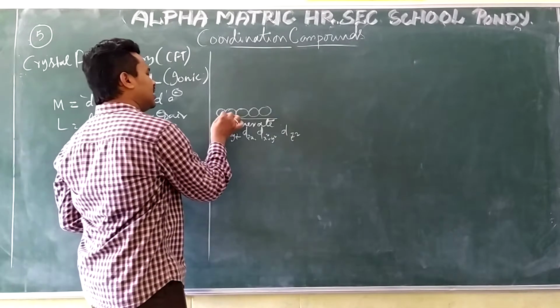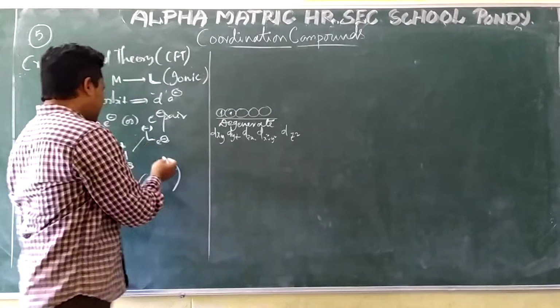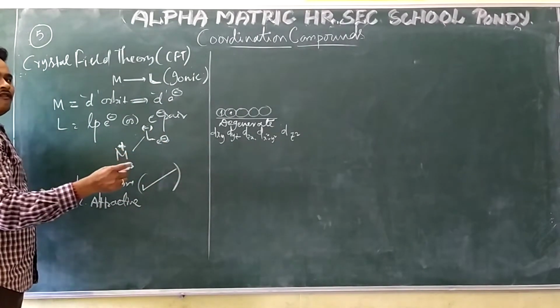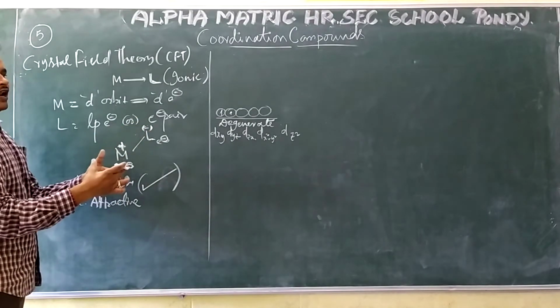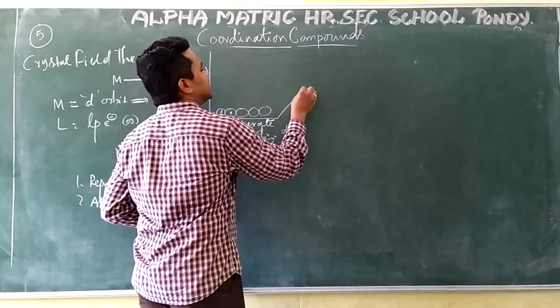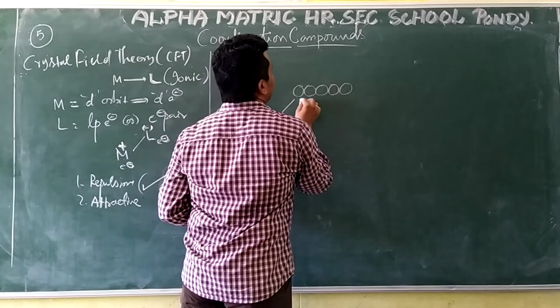In that, electrons may be there. At that time, ligands approach with their electrons. When they come very, very near, there will be a repulsion. Because of the repulsive forces, they lose their degeneracy and gain higher energy.